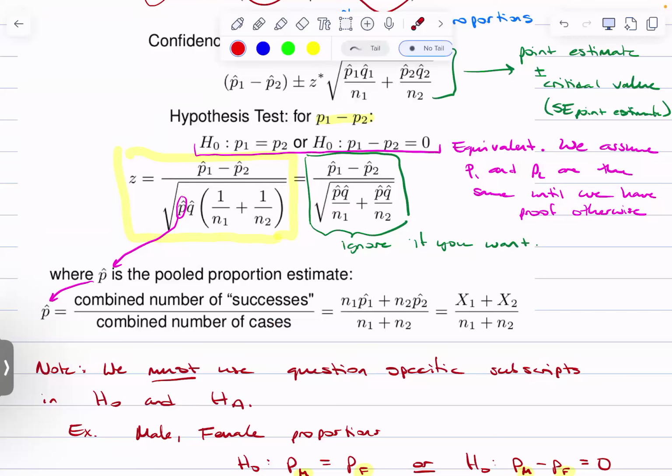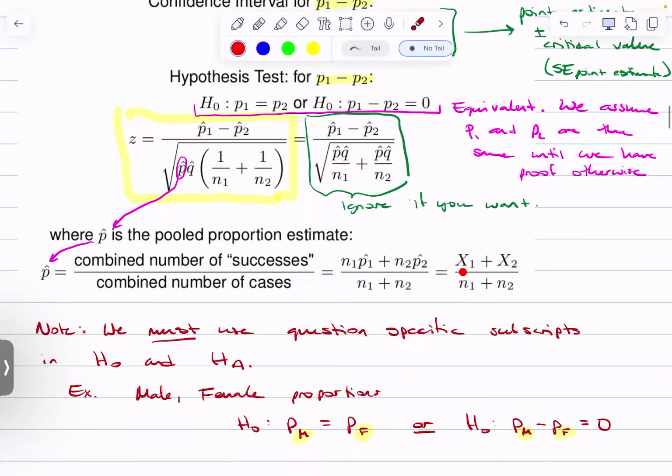And then this P hat. Again, I give you many options for finding this pooled proportion. If you have the number of successes for each group, then that's probably the easiest way to do it: X1 plus X2 over N1 plus N2. If you only have the sample size and the sample proportions for each group, then you need to multiply them out. Right.